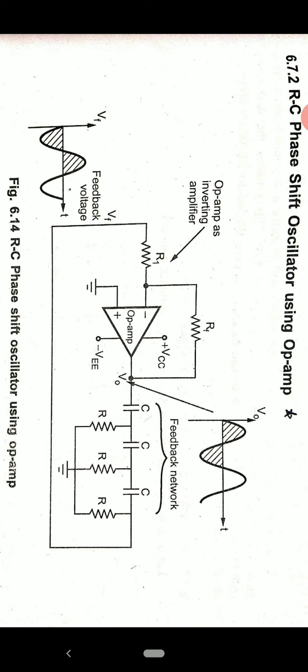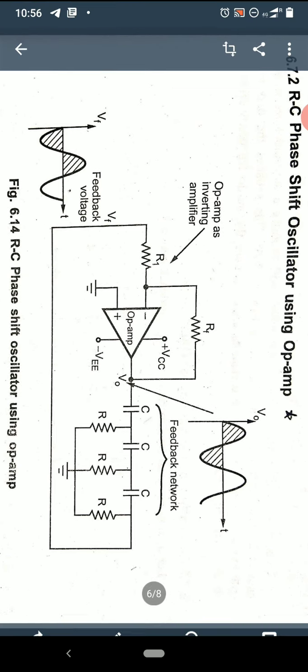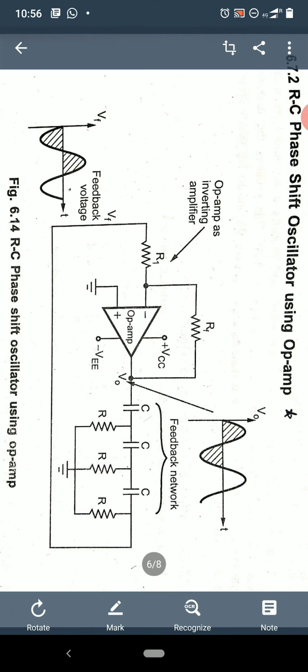As I told, oscillators are meant to generate a desired, that is user-defined, frequency. According to his application, he can use different types of oscillators based on their range. Here we have taken an example of the RC phase shift oscillator.